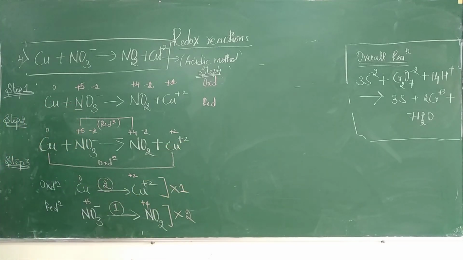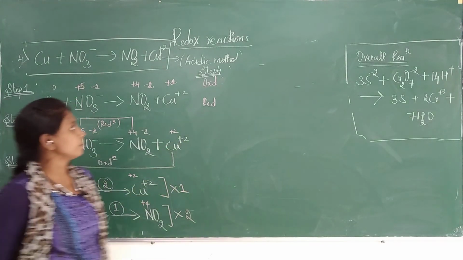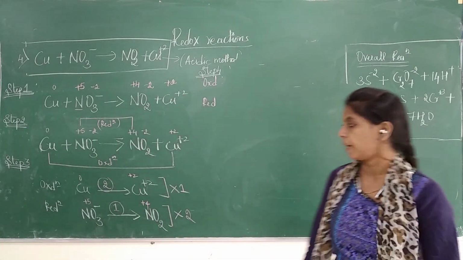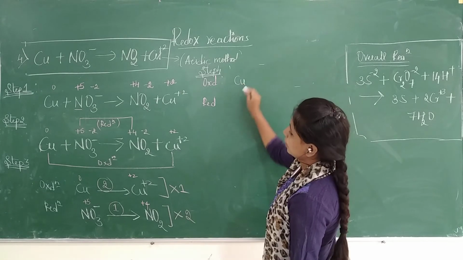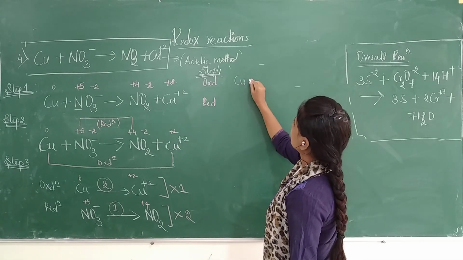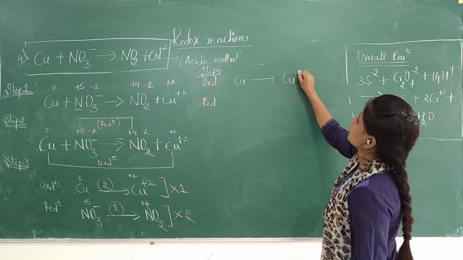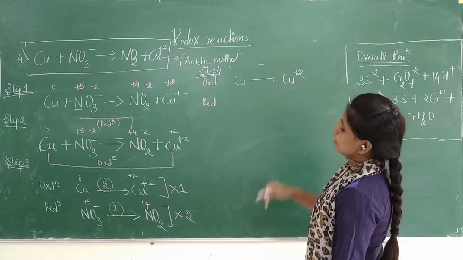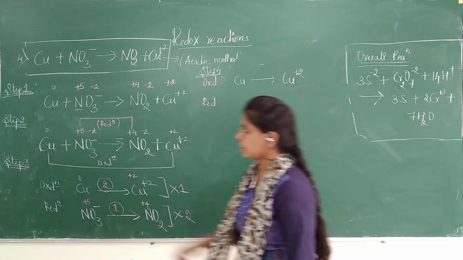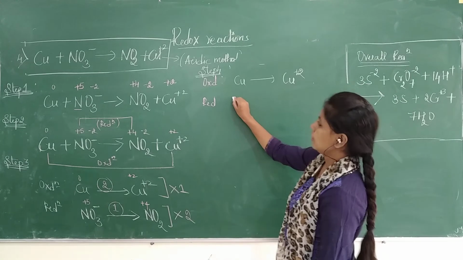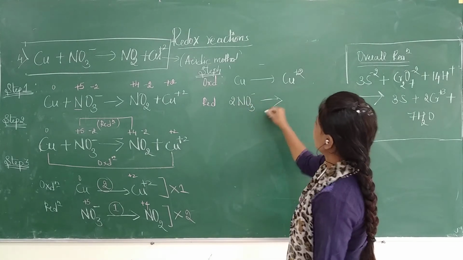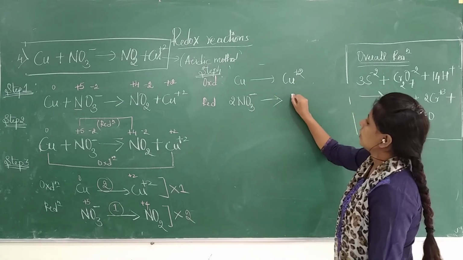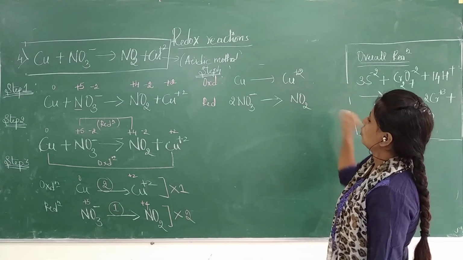Clear? Okay, next. As you know, multiplication is carried towards the reactant side. Again I will write it as 1 into copper, just Cu here, Cu plus 2. 2 into NO3 minus, nitrate ion, 2NO3 minus, and here it is NO2. Clear?